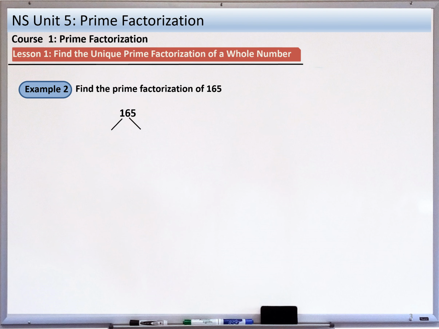Example number 2. Let's find the prime factorization of 165. Again, I'll do this one with you. 5 is a factor of 165. The reason I know that is because any number that ends in a 5 or 0 can be divided by 5 evenly. 5 times 33 is 165.